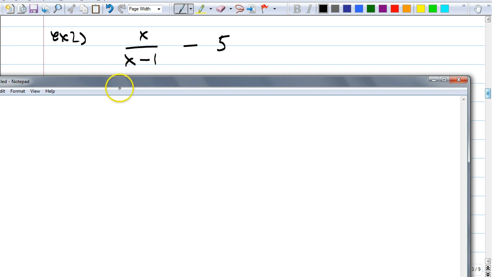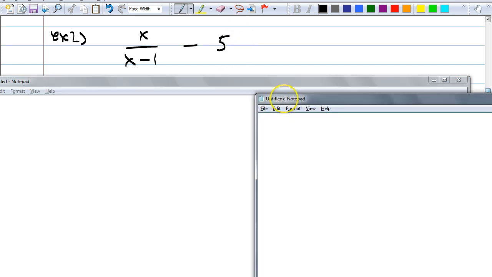Okay, you have x minus 1. You just told me that x minus 1 is my LCD. What is the denominator of this 5? It's 5 over 1. So what do I need to multiply 5 over 1 by so that we have a common denominator, the least common denominator of x minus 1? You need to multiply top and bottom of this 5 over 1.